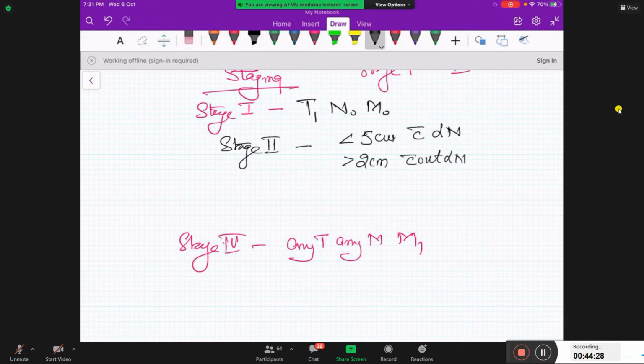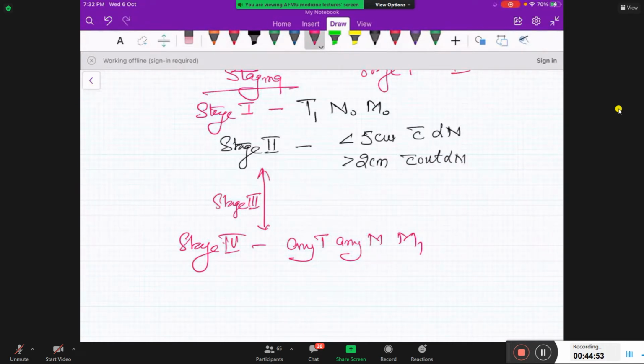Any lump less than 5 centimeter with lymph node, or any lump more than 2 centimeter without lymph node is stage 2. Whatever in between is stage 3.